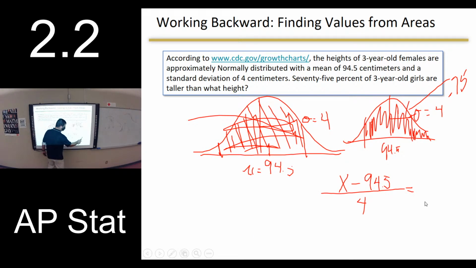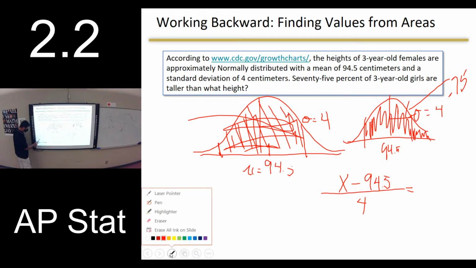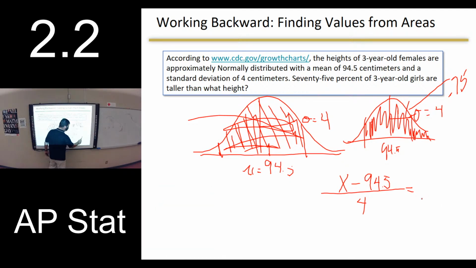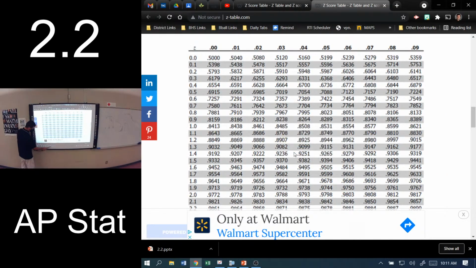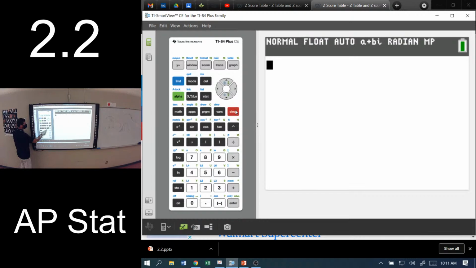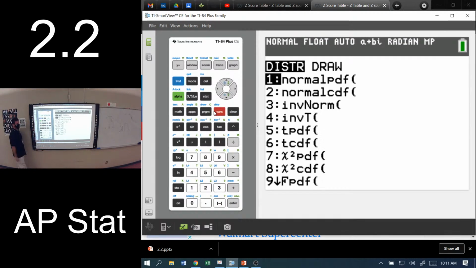If you want your calculator, which you do, go to your distributions.